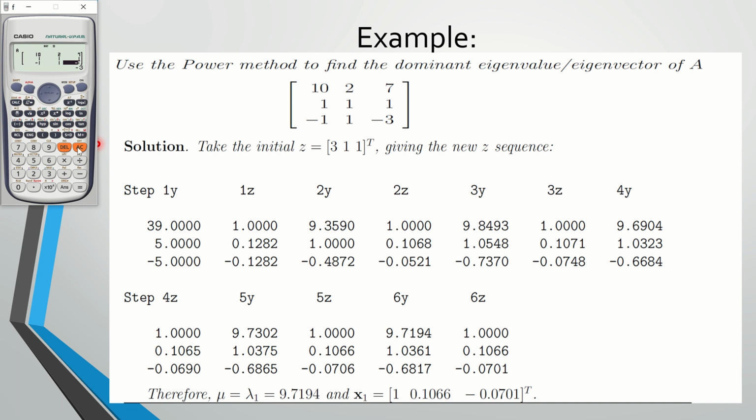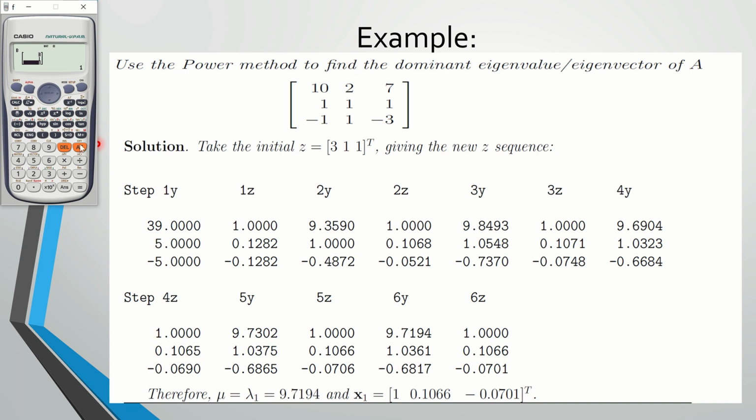So let's clear it now, and let's have another matrix. And then we have matrix B. Then we have 3 by 1. Then we have 3, 1, and 1.